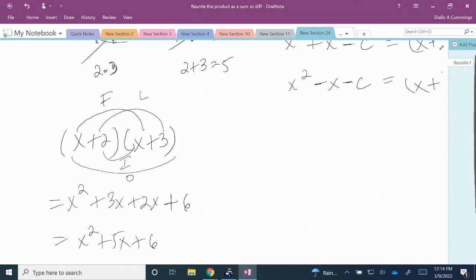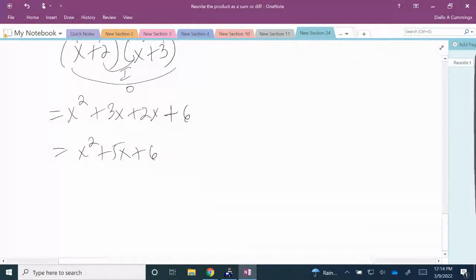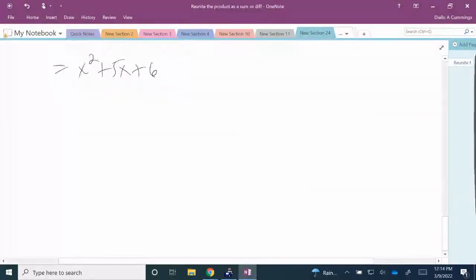You can do the same thing for trig functions. All right, so here's an example.